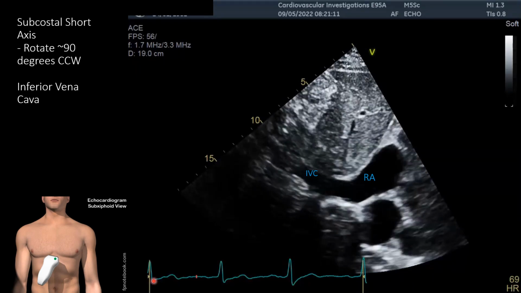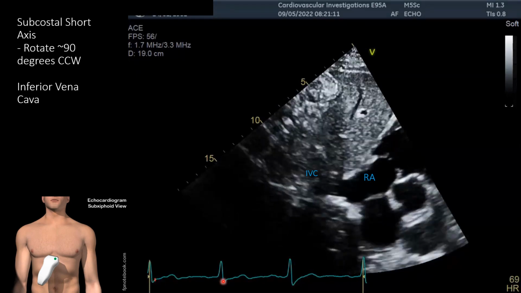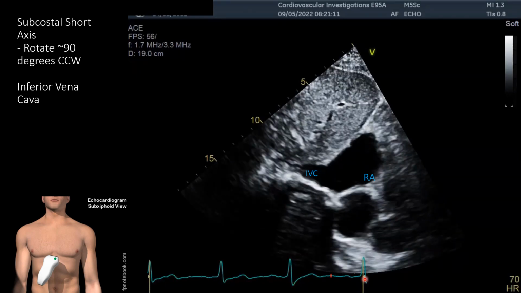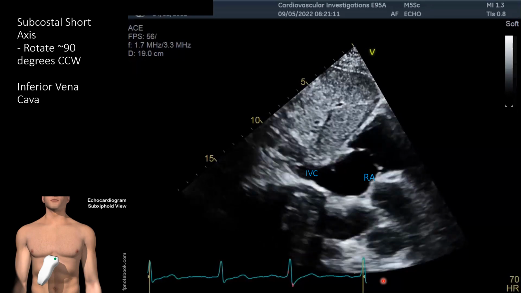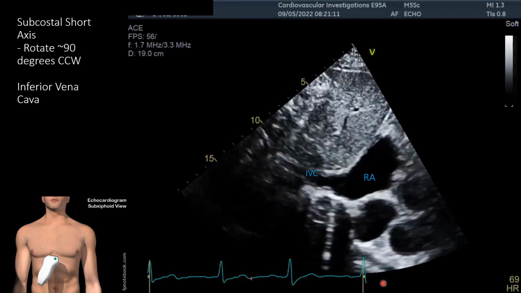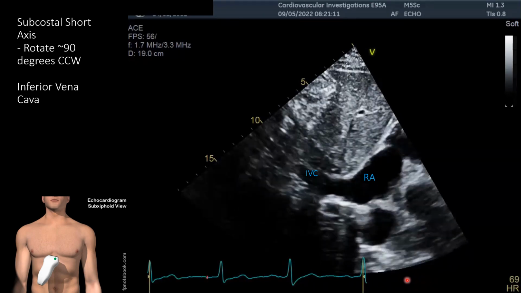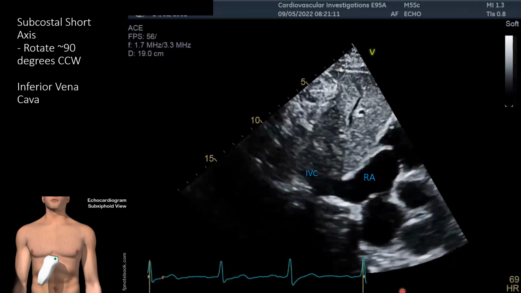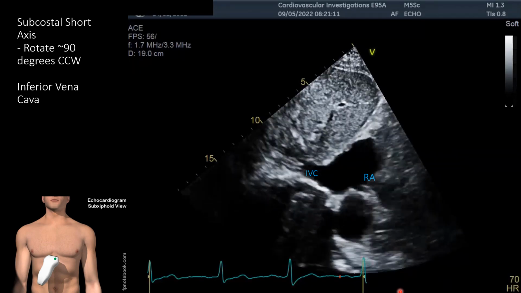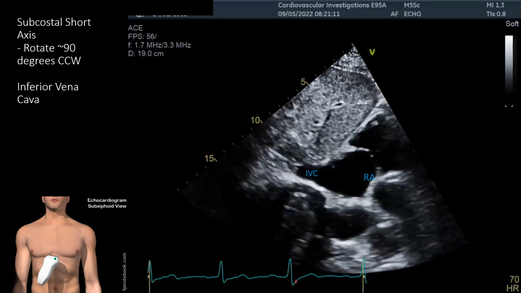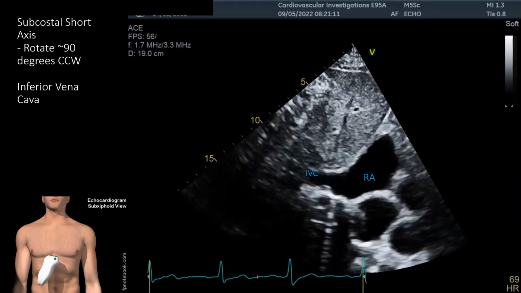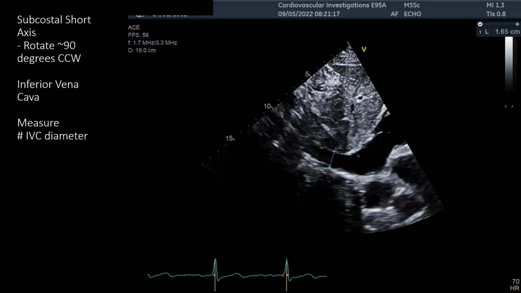Of note, the ultrasonographer has captured a number of cardiac cycles here, 4 cardiac cycles rather than the standard 1 or 2, to incorporate the patient's respiratory cycle into the imaging so that we can see the collapsibility of the IVC in this image. We can also freeze and measure the IVC diameter, in this case normal at 1.65 centimeters.